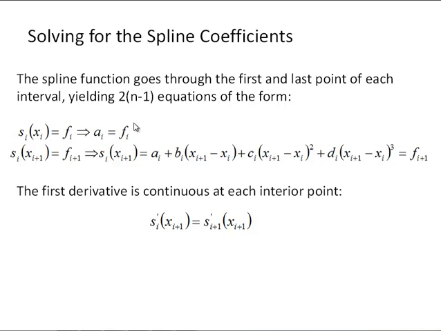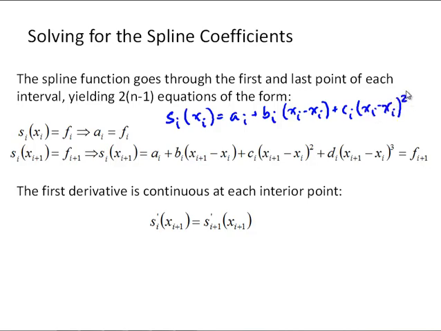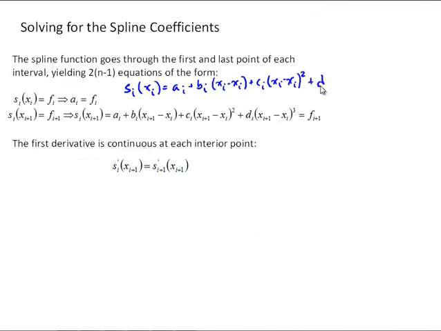First of all, for the first point, we've got Si at xi is equal to ai plus bi times (xi minus xi) plus ci times (xi minus xi) squared plus di times (xi minus xi) cubed.